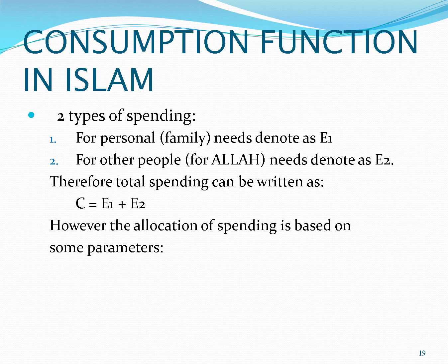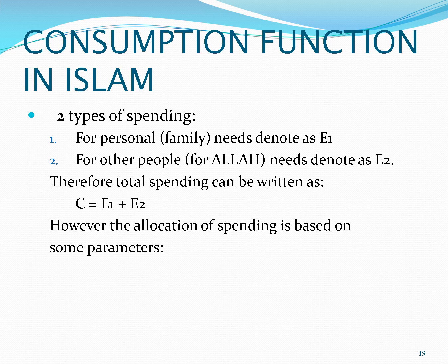This is the consumption function in the theory of Islamic economics. We have two types of spending. One for personal or your family, your needs, which is equal to E1. The other is for other people, whose needs are denoted as E2, and it's for Allah.